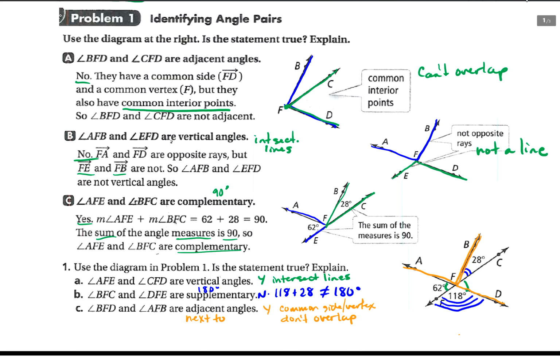All right, A says angle AFE and CFD are vertical angles. So if we look over here and identify angles, we see that they are created by intersecting lines, okay, and they're the opposite angles in those intersecting lines. So yes.